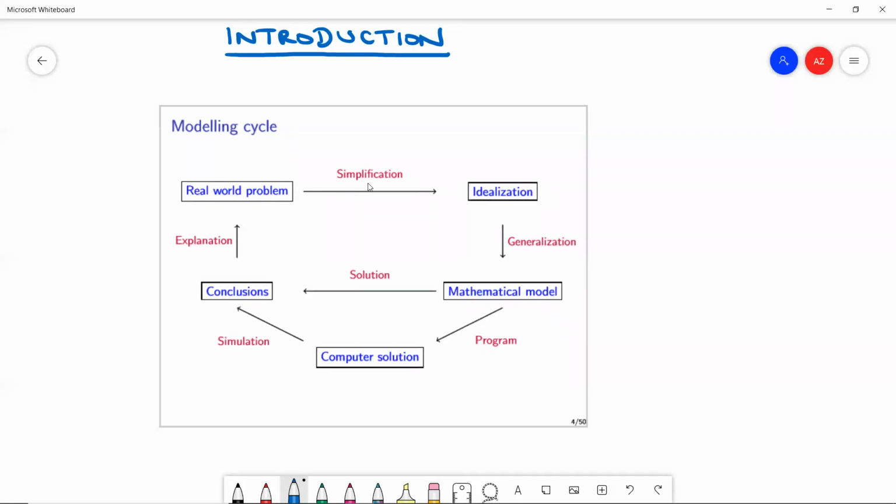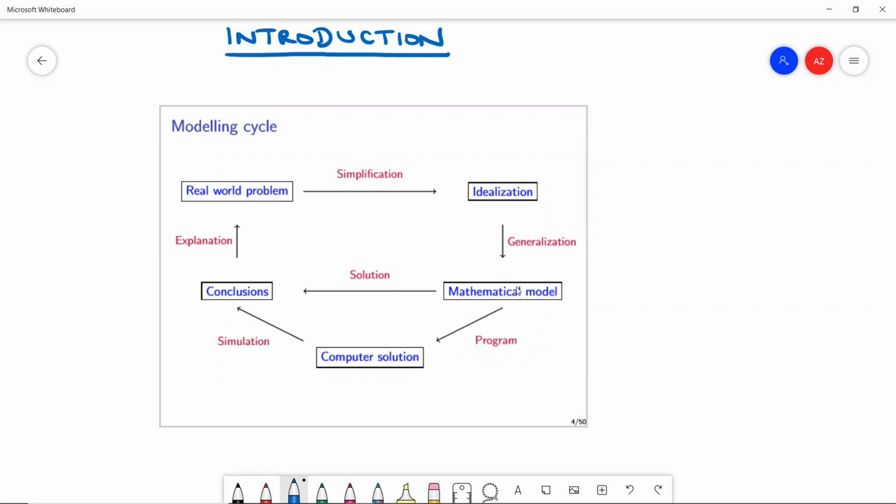So either this simplification was not good, so did we simplify the problem too much, or did we miss the most important component of the problem? So this is the first source of mistake. Then the second one is whether we used the wrong model.